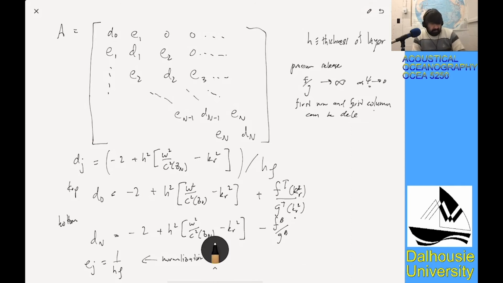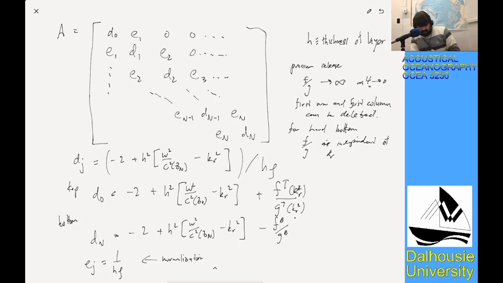For the bottom, and we'll do a hard bottom here, F over G is independent of k_r.